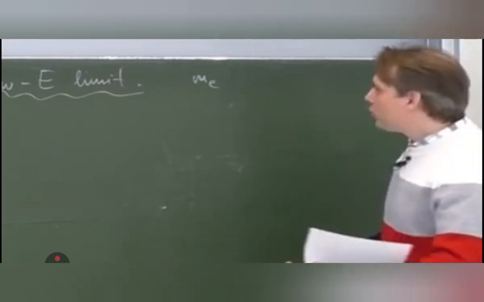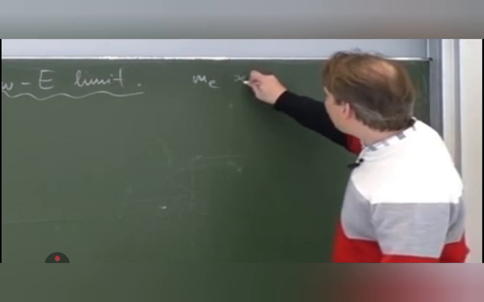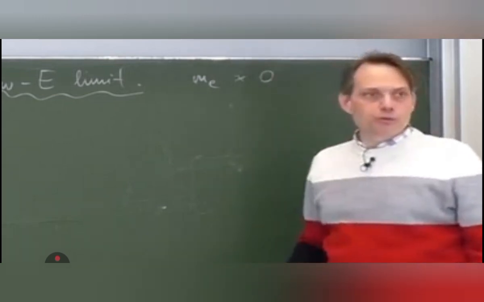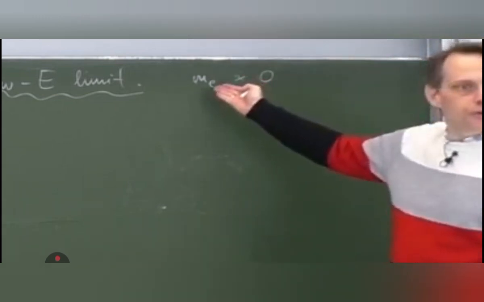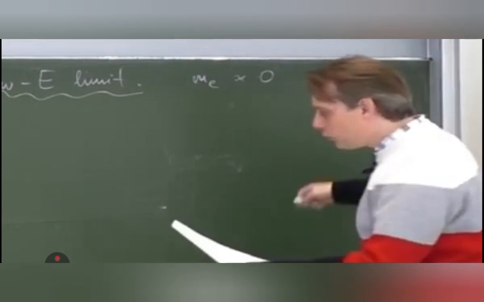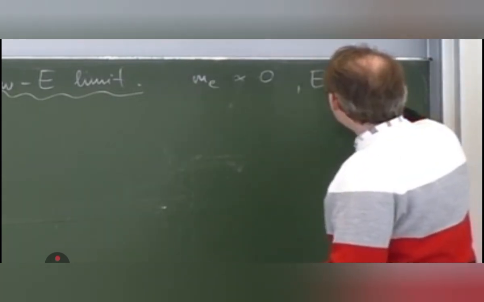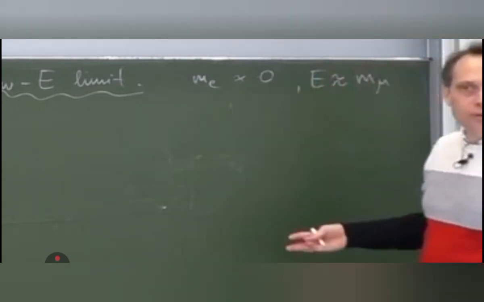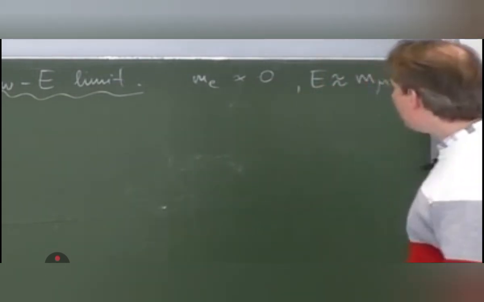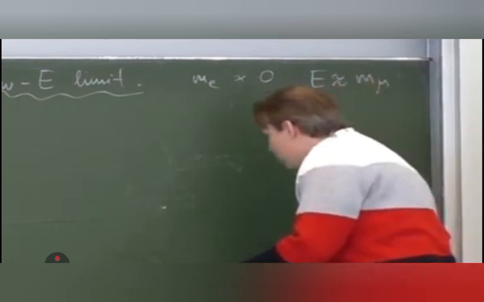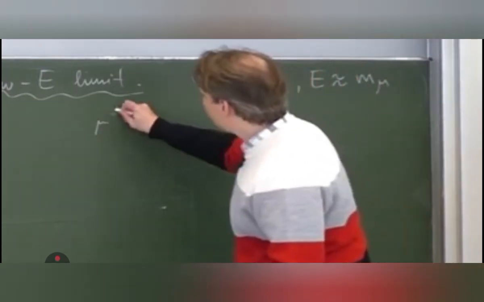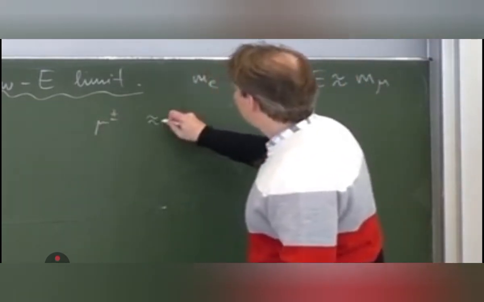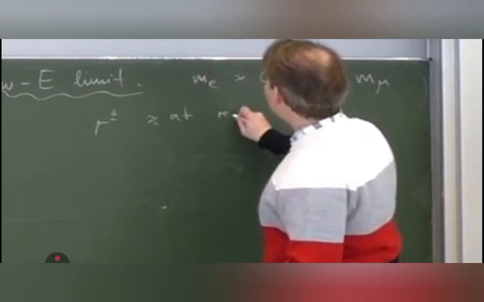Therefore, we can still neglect the electron mass, and as a good simplification, we set the electron mass to 0 in this analysis. But we say that the overall energy is approximately equal to the muon rest mass, and so that tells us that the muons are produced more or less at rest. They are approximately at rest.